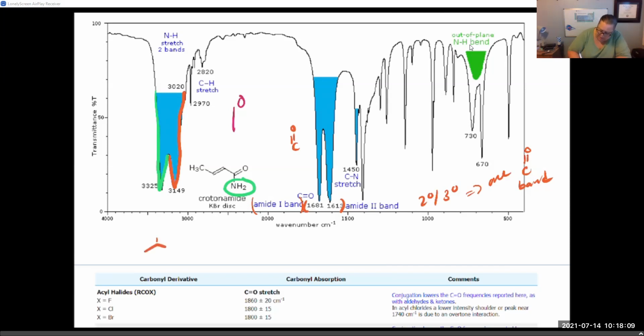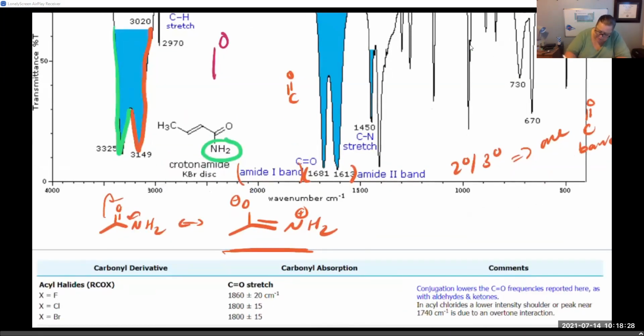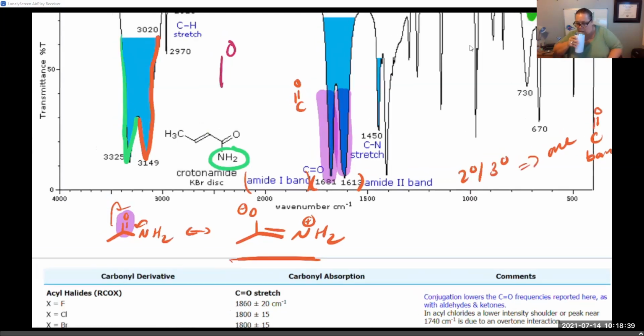So as far as amides go, they really hate this resonance form right here. When I say hate, it means it's a high energy resonance form, so it's a very, very minor contributor. The 2 bands, if you want to know why that happens, we can talk about it in office hours, or you can switch majors and take physical chemistry too, which I'm guessing none of you do.